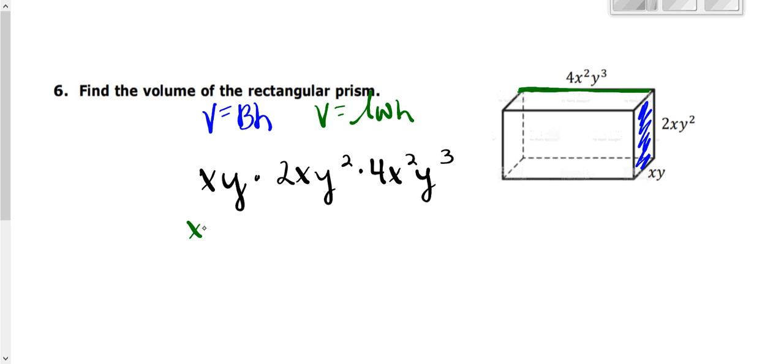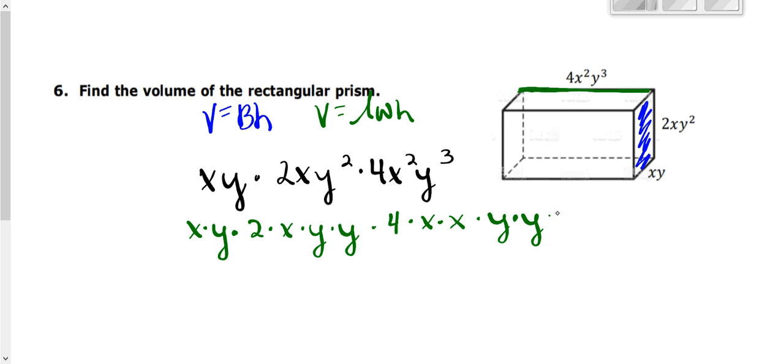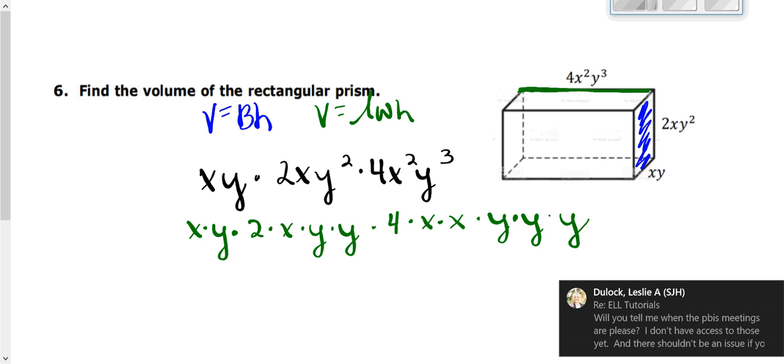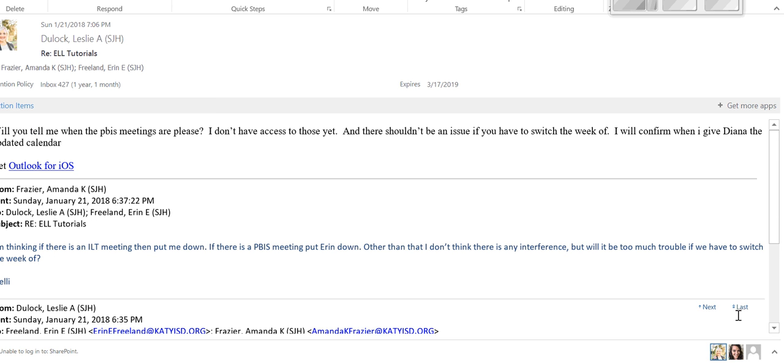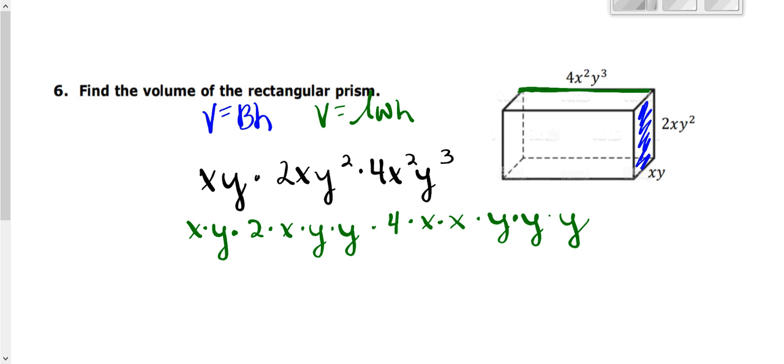So x times y times 2 times x times y to the second times 4 times x to the second times y to the 3rd. Okay, so grouping all things together.